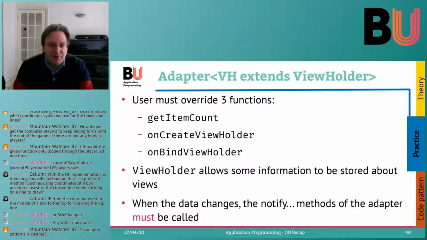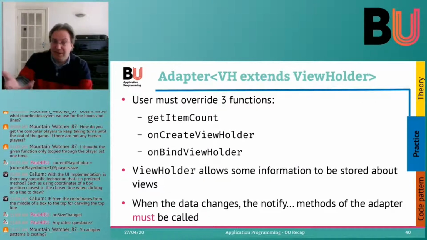And then you have these three functions: getItemCount tells the adapter how many items there are to display in that list. And yes, if you make the list bigger, you can increase this, but you need to call a function on the adapter to tell it that the data has changed.